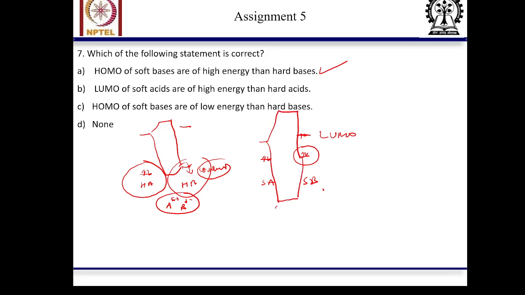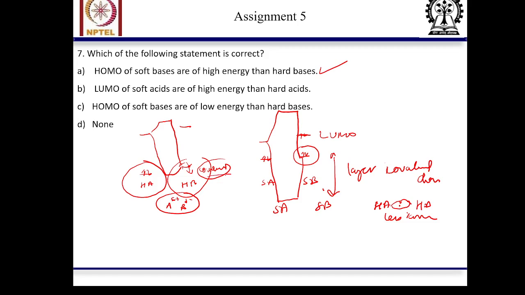Here soft acid and soft base will give the larger covalent character. Suppose this is HA, this is HB, the electrons are shared between these two, so it means less ionic character. So hard acid, hard base will give the ionic character. Soft bases and soft acid will give a more covalent character.